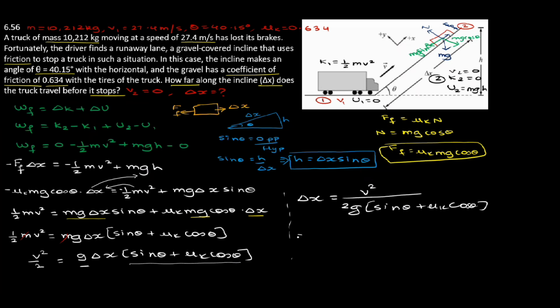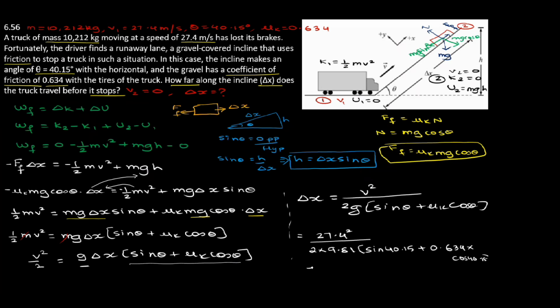Now let's substitute the values. v is 27.4 squared, 2 times g is 9.81, sine of the angle theta, which is 40.15, so I'll put that value here, plus mu k, which is 0.634, into cosine 40.15.